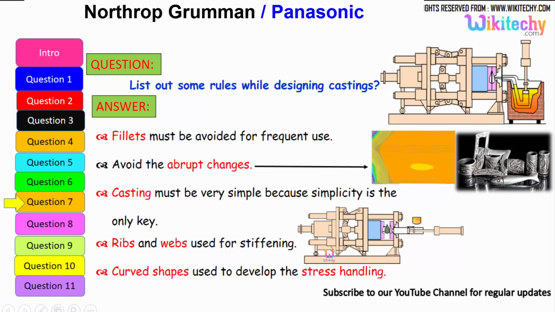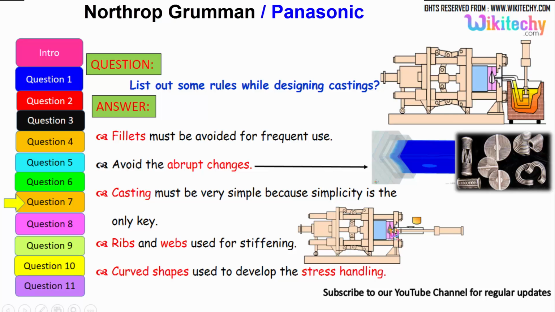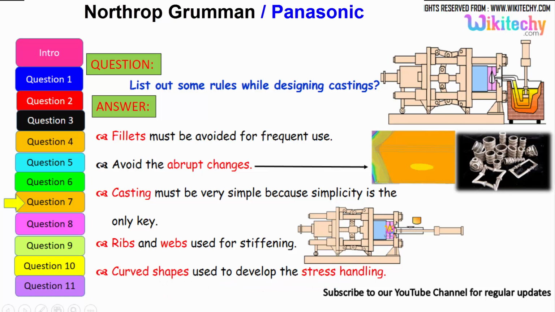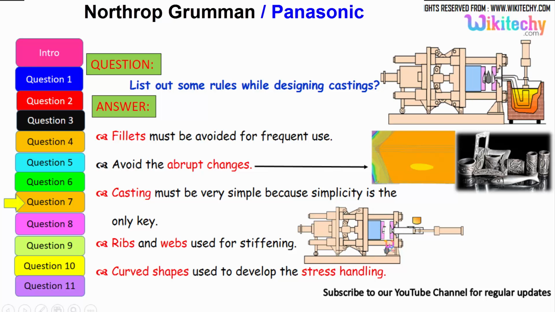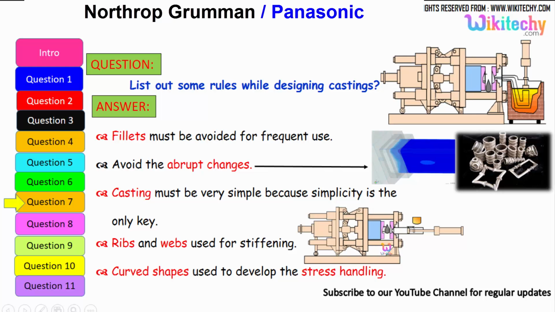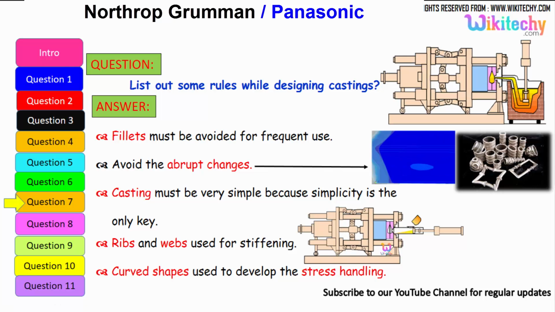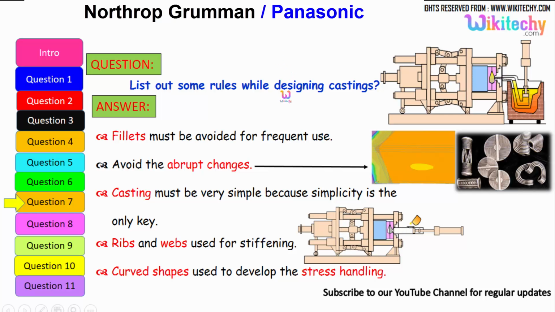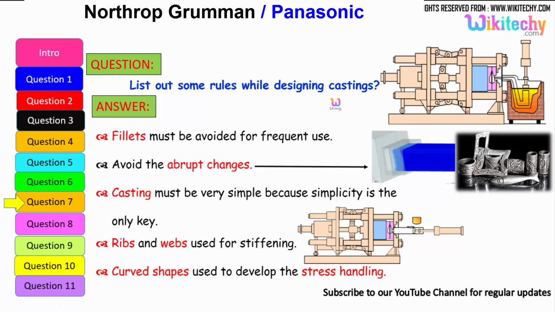Ribs are used for stiffening, so you should have the ribs over here. Curved shapes should be used to avoid stress handling. These are some of the rules which we have to follow for castings.